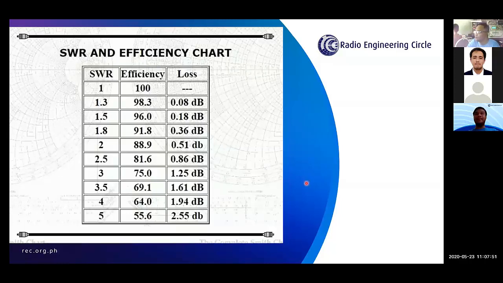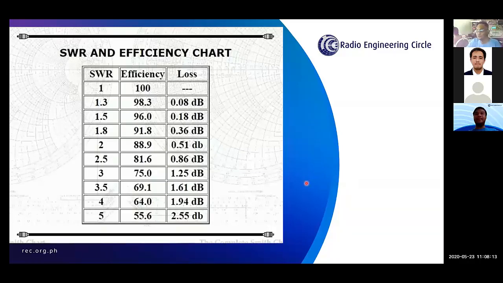1.3 lang. Huwag ka magpa-plot ng 1. Kasi bingi. Ha? Hindi, mas maganda kung 1.5 ang SWR mo. Para sigurado, maririnig mo yung malalayo. Kita mo itong mga ito. Ito, the SWR efficiency chart. Ito ay libro na nagbigay.